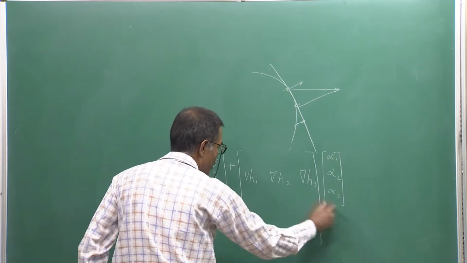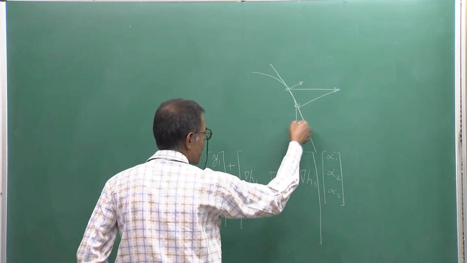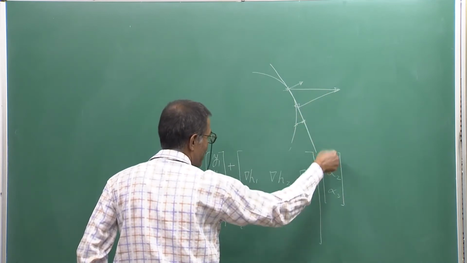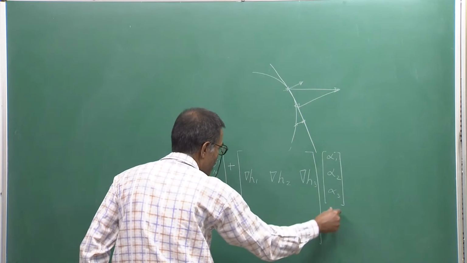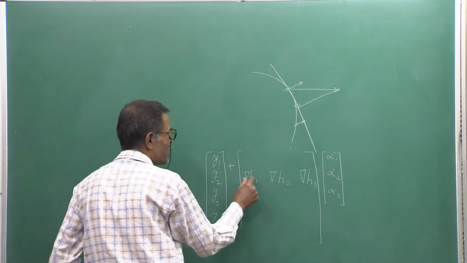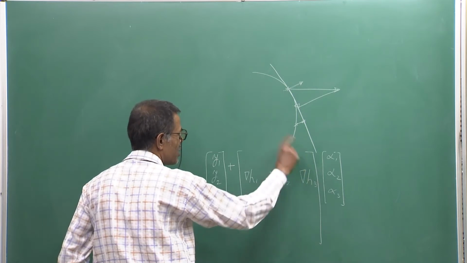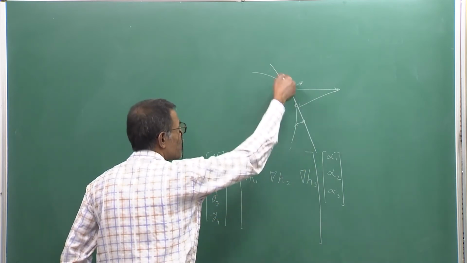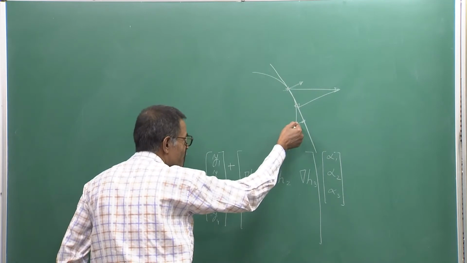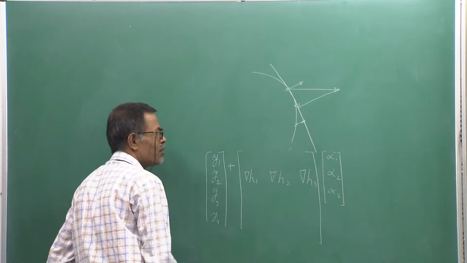This alpha 1, alpha 2, alpha 3 is the vector which we want to find out. That is how much in the grad h 1 direction, how much in the grad h 2 direction and how much in the grad h 3 direction together we should go to reach this surface. This is what we are trying to find out.